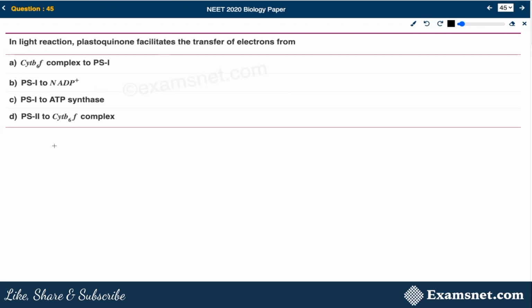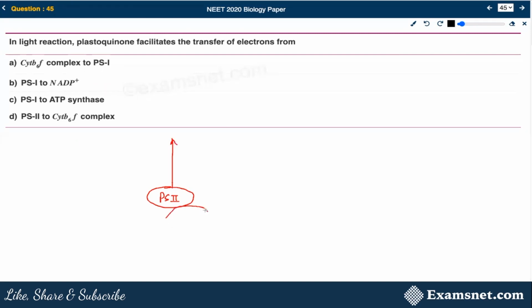You might have heard that once the electron gets excited from the PS2, how the process goes on, if I just tell you, it is a kind of a Z scheme process. So here is the PS2, which is going to get excited over here due to light.